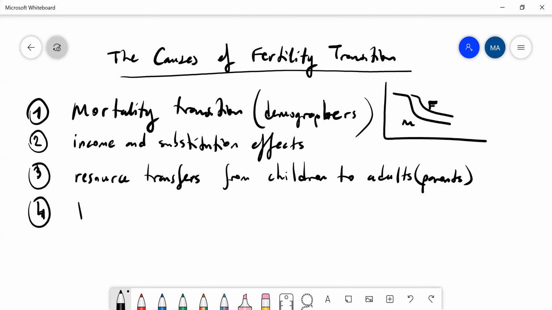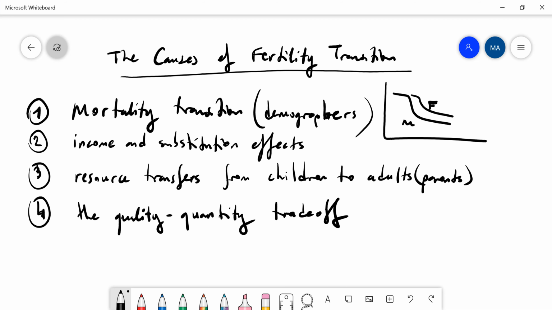And the other is the famous quality-quantity trade-off. I'm going to explain each of them in turn, but I'm going to leave that to the second session of today.